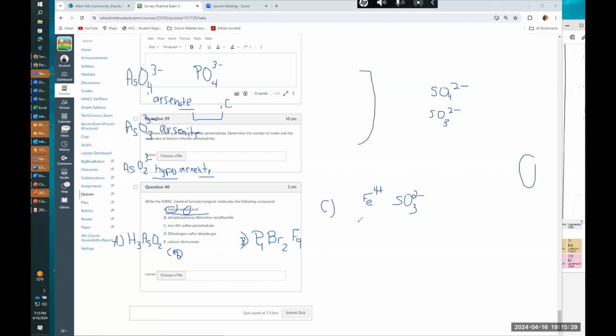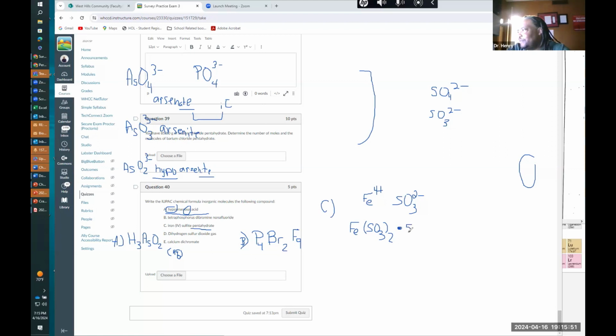So it's going to be Fe, SO3 2 times. And then it's how many hydrates? 5. So dot 5H2O.